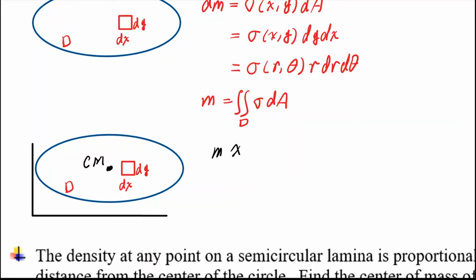M times x bar will turn out to be the double integral over this region D of our density function, and then we have to put another x here. Did that make sense to you? This is the coordinate position of x.